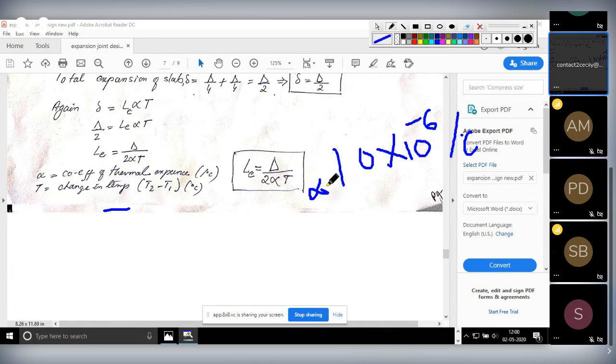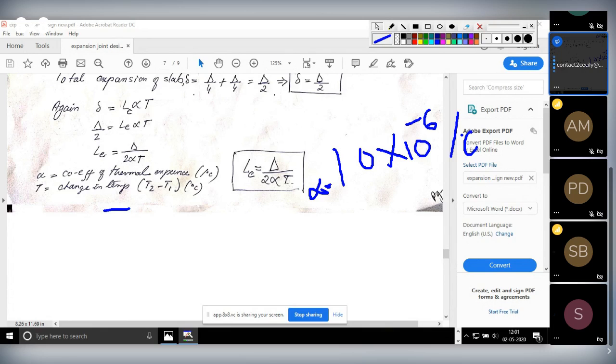If it is given, then take that value. If it is not given, then only assume 10 into 10 to the power minus 6.